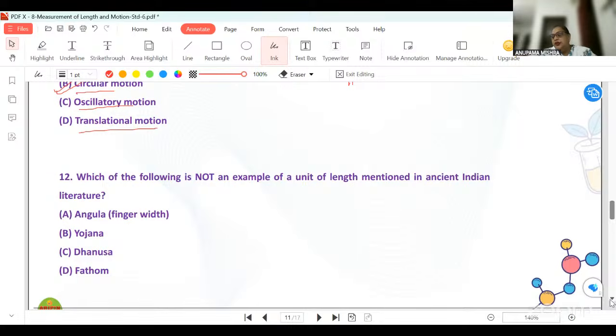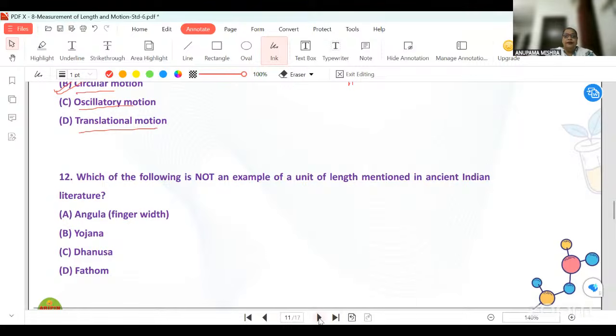Angula means finger. Only one child has given the answer as D. D is the correct answer. Only one child, that is Sarada Mahapatra, 6811, has given the correct answer. Rest are giving B. Yojana is one kind of measurement. Yeah, D is the correct answer. It's a fathom.